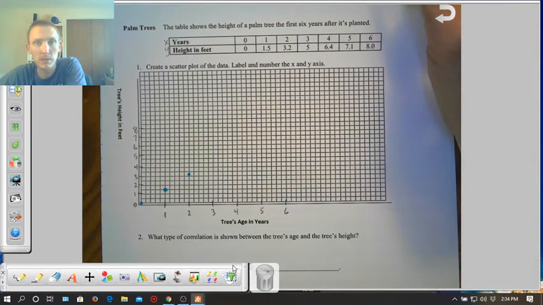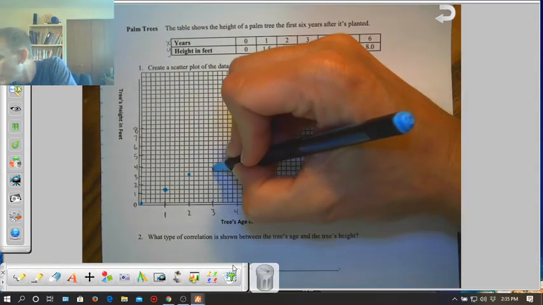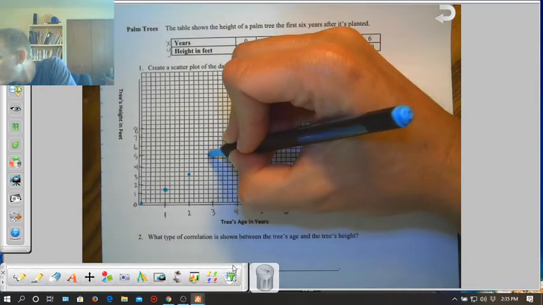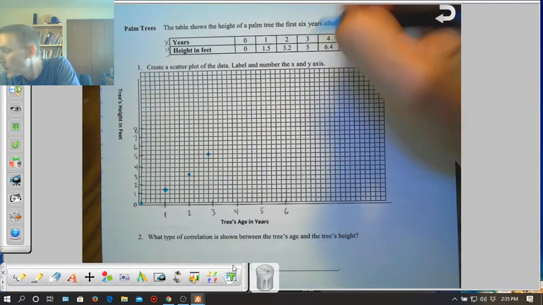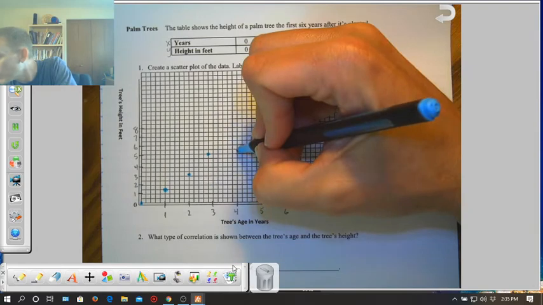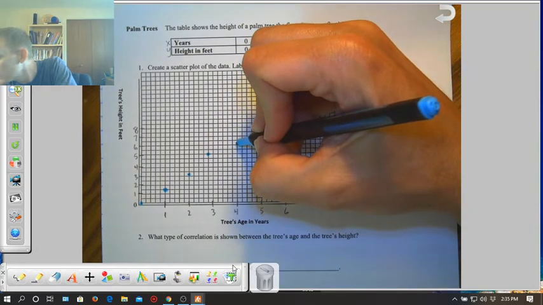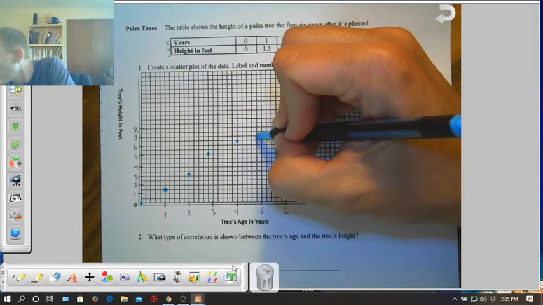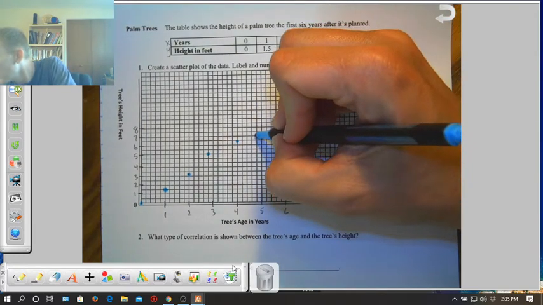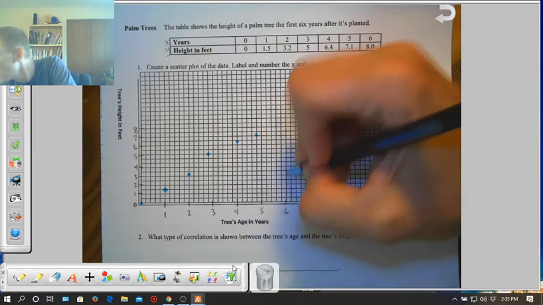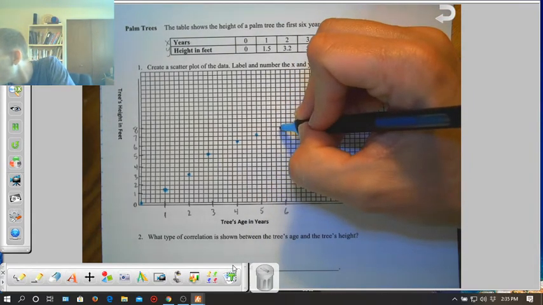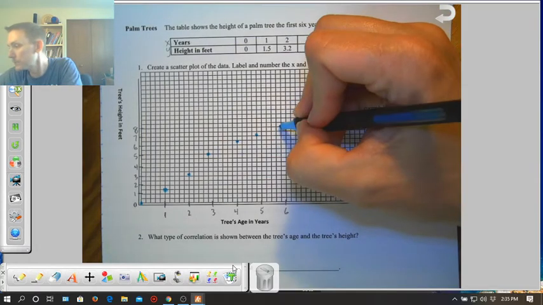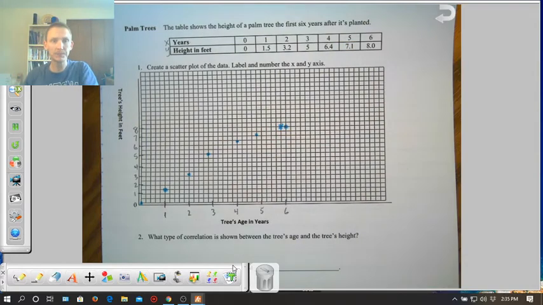I'm going to approximate it. 3, 5. 4, 6.4. 5, 7.1. And 6, 8.0. Oops, I missed it. And right there. So ignore that one right there.